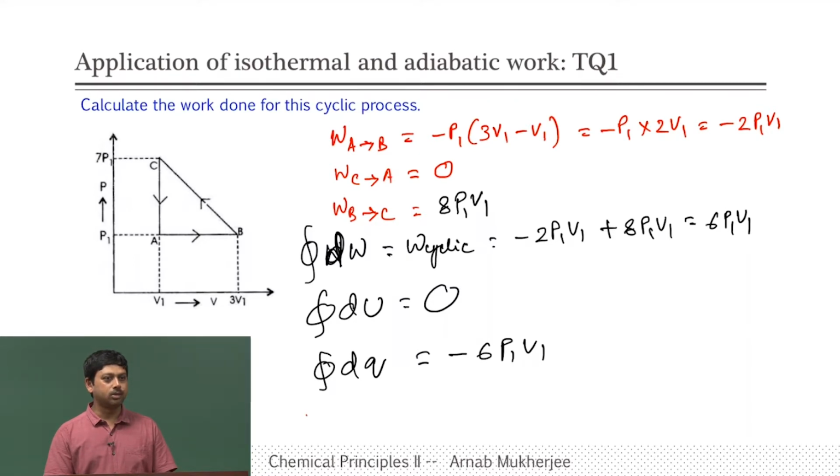So, in that case it will not be possible to calculate the heat change. But here the total heat change you can calculate by using the first law of thermodynamics formula.